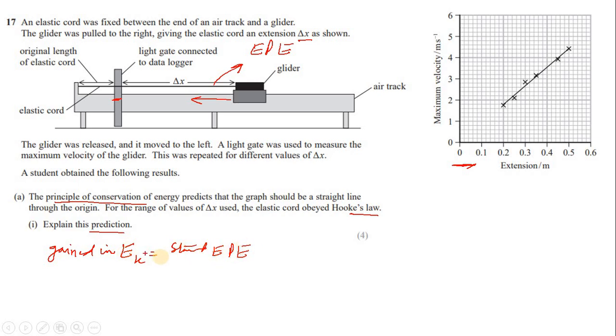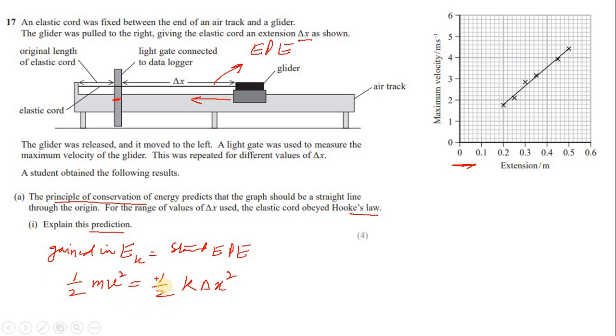I just wrote it for your understanding. You don't need to write. If you are okay with that, you can directly write the equation. So you can say that half mv squared is equal to elastic potential energy, which is half k delta x squared.